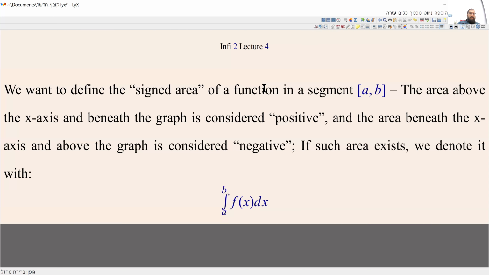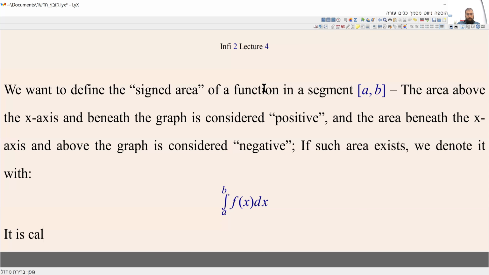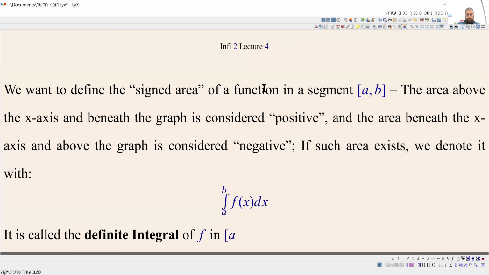It is called the definite integral. Said in bold for the definition of the notion itself: the definite integral of f in [a,b], along [a,b], above [a,b], whatever.